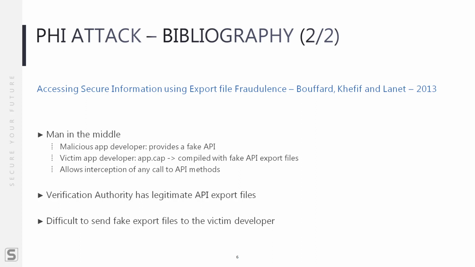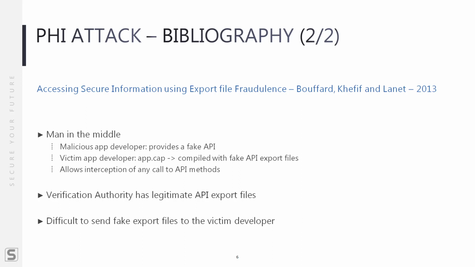This attack can be detected by the verification authority when checking the application of the victim by analyzing specifically the import component. Indeed, the victim will not import the standard JavaCard API, but will import the package of the malicious developer, and this is not expected.